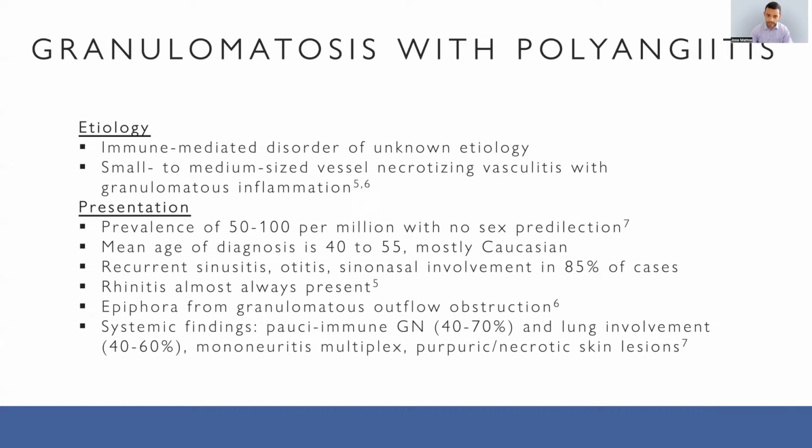It's relatively rare, and it occurs mostly in Caucasians, but it can occur across multiple age groups and races. Classic otolaryngologic manifestations are recurrent sinusitis, otitis, and rhinitis is almost always present. Sometimes these patients can also have epiphora from obstruction of the tear duct outflow in the nasal cavity.